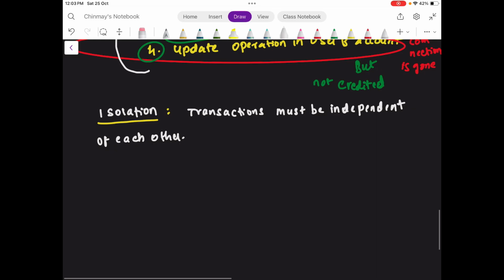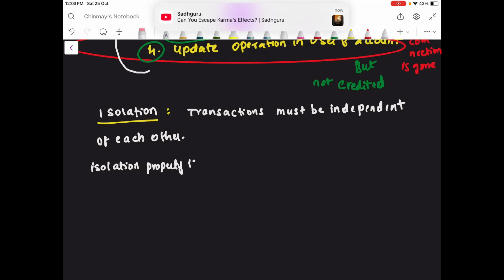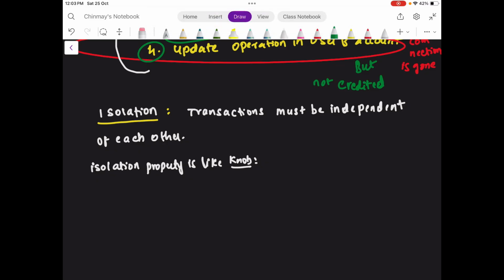Remember here, the isolation property is like a knob. Developers can use the knob according to their use cases.